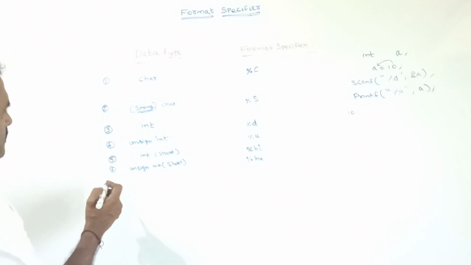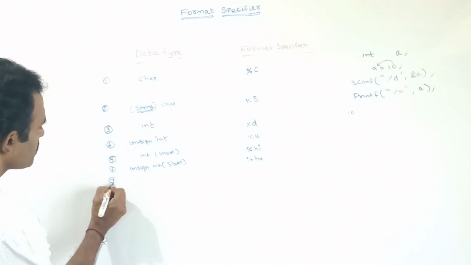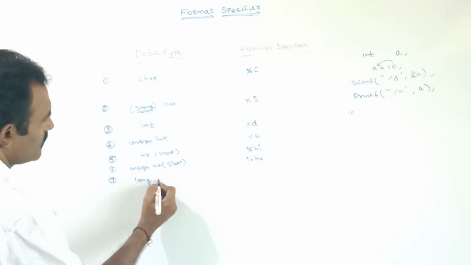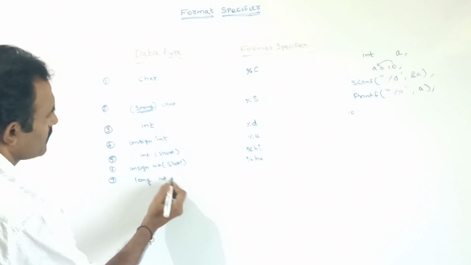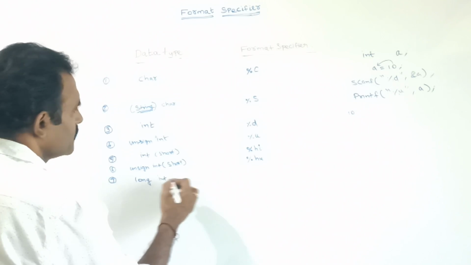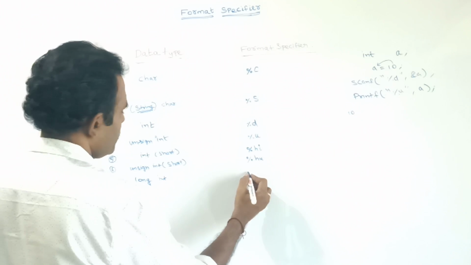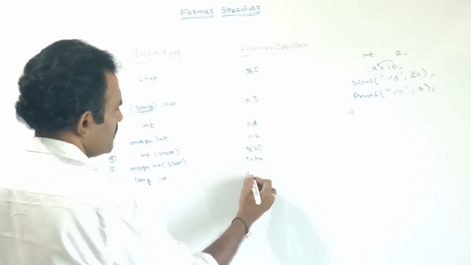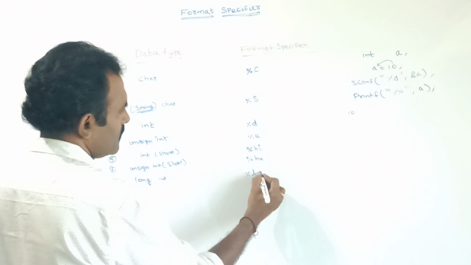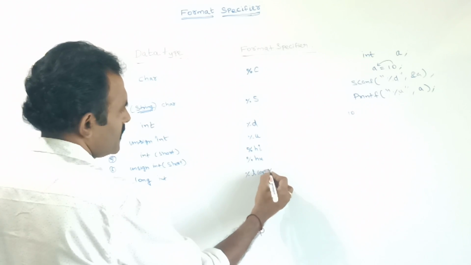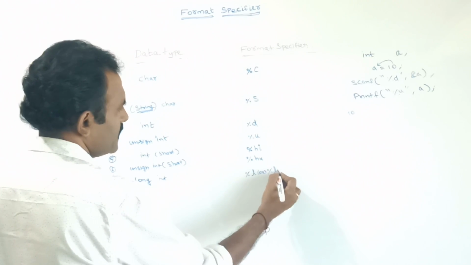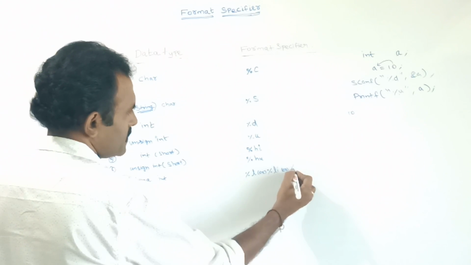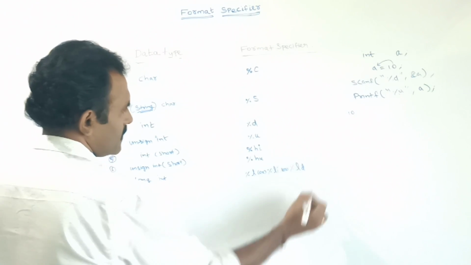Next, integer type, 7th one, long integer. Here the format specifier symbol is percentage %l or percentage %li or percentage %ld.